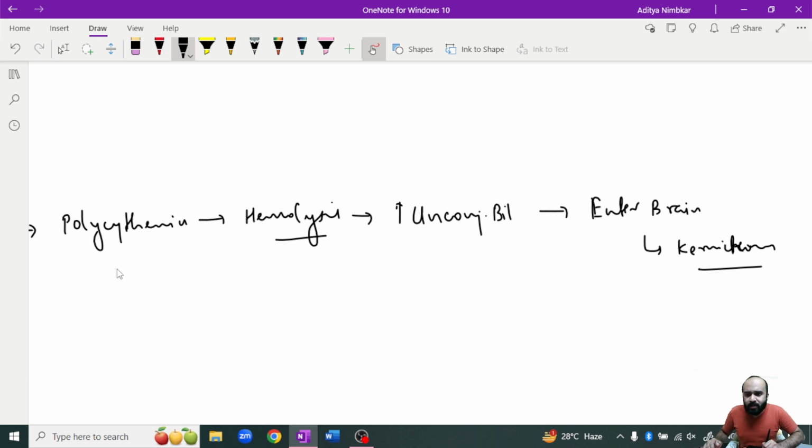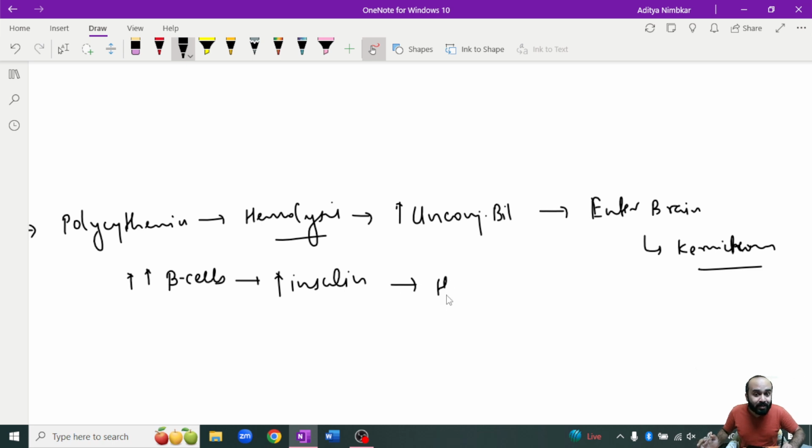Apart from these things, there is one more thing that has happened. The fetus now is used to extremely high amounts of blood glucose levels coming from the mother. So it has increased the beta cells in its pancreas. These beta cells are producing large amounts of insulin. But once the fetus is delivered, the maternal glucose is cut off, the cord is cut off, but the insulin levels are still high.